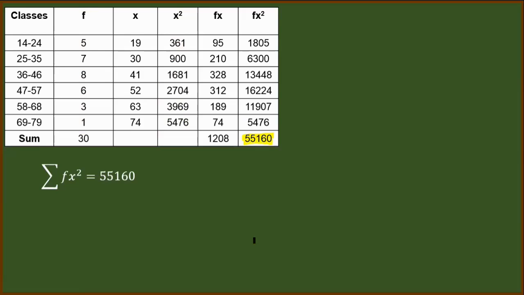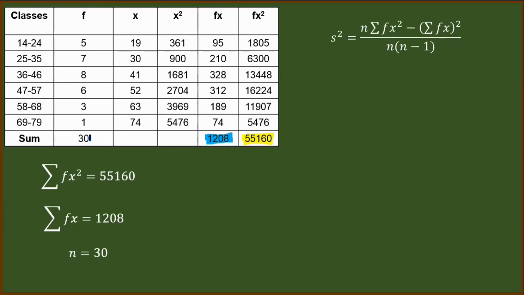Next, for the summation of fx, we will highlight the sum of this column, which is 1,208. And then, of course, we need n, which is 30, the sum of the frequency. Those are the three different quantities that we need to substitute into the formula of the variance.